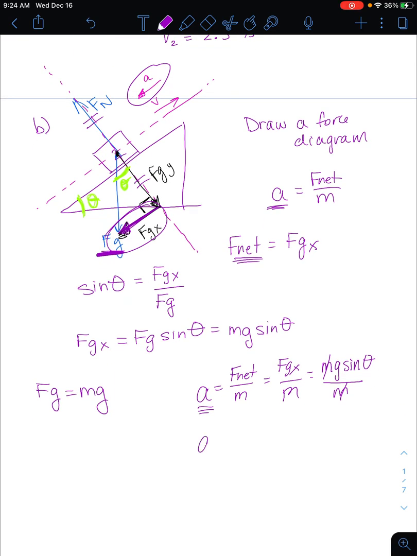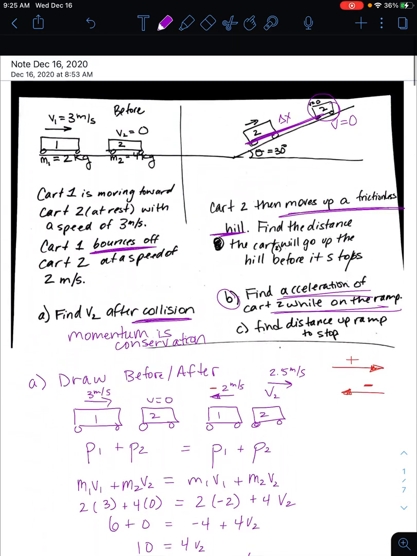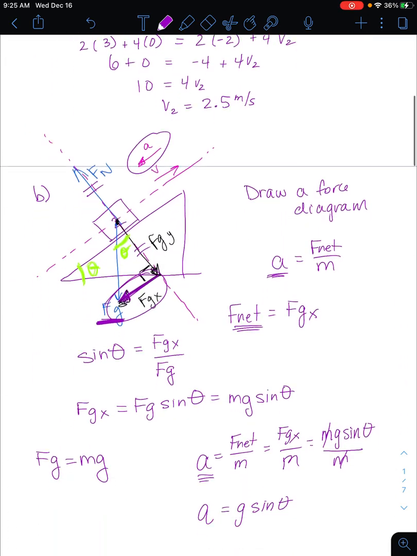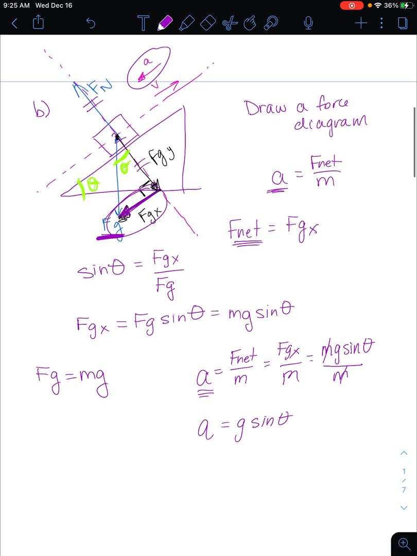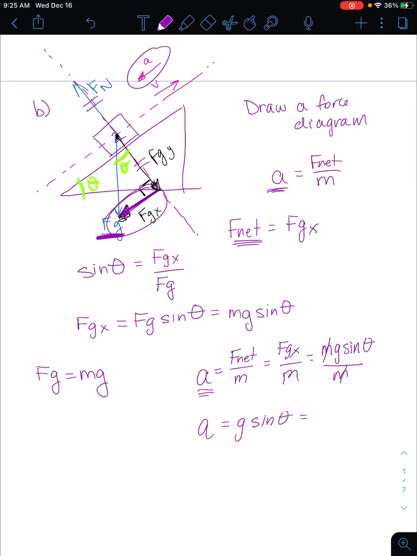So it turns out that our acceleration is really just equal to g sine theta while we're on this frictionless hill. And I think the angle of the hill was 30 degrees, which is convenient because the sine of 30 degrees is 0.5. So this is going to be 10 times the sine of 30 degrees, which is really equal to 5 meters per second squared.